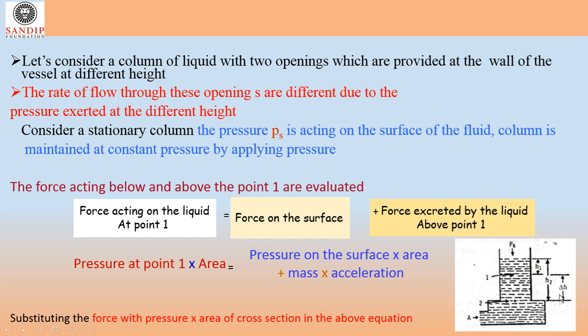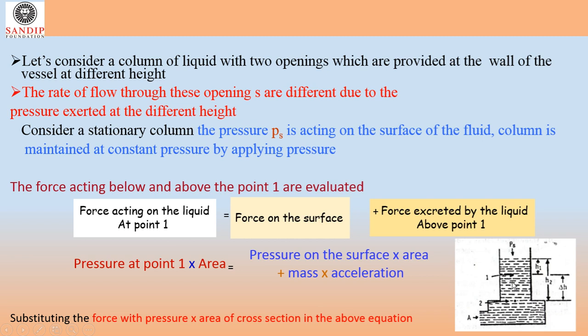Okay, so consider here, this is the stationary column which is having the pressure as PS. So pressure PS is acting on the surface of the fluid, and this column is maintained at constant pressure by applying this pressure. Now we have to initially consider the force acting below and above point 1.